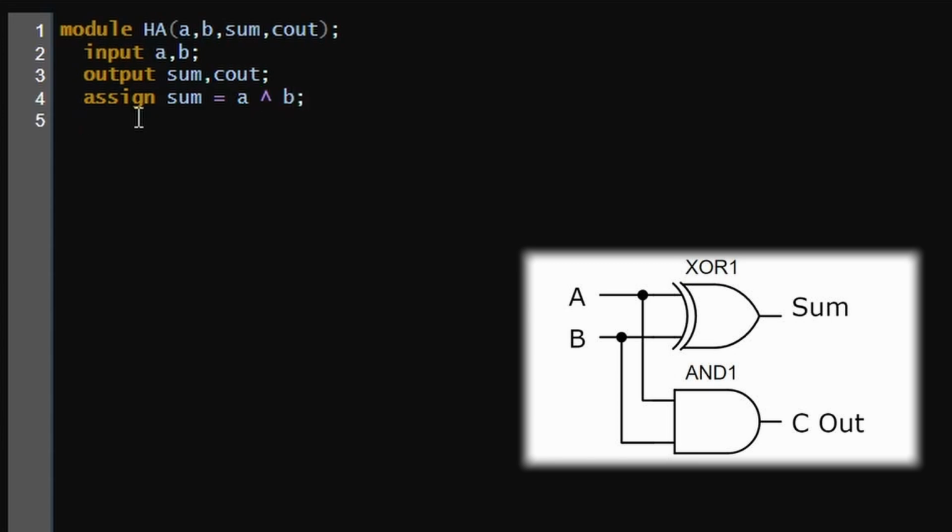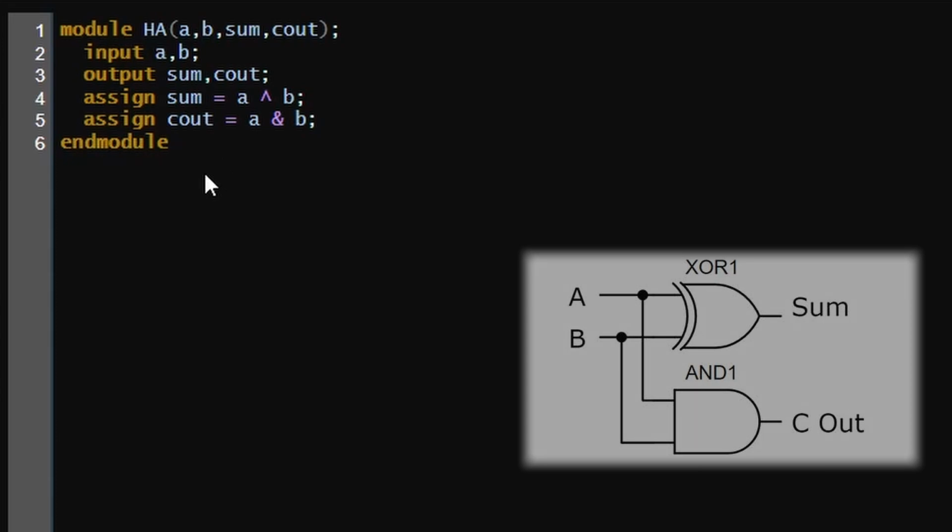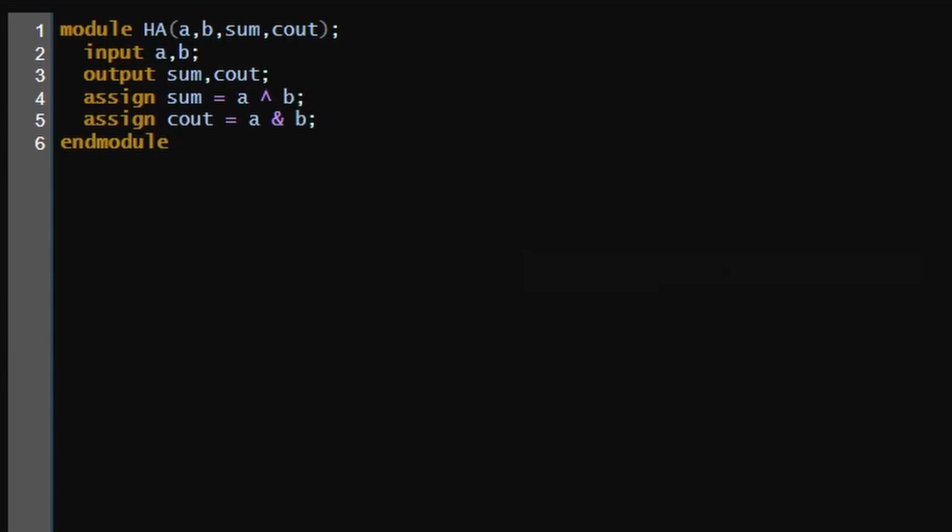So this is the data flow modeling, where we assign the output from the input using an operation. Similarly, assign cout equal to a and b, and we have to end the module. So this is the data flow code for a half adder.